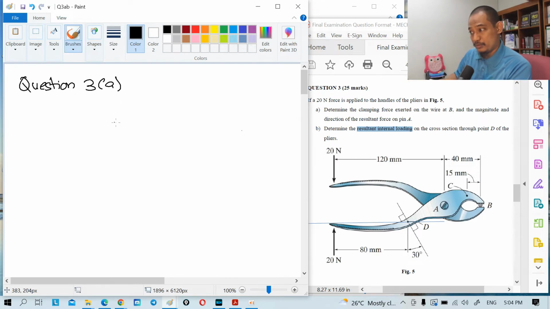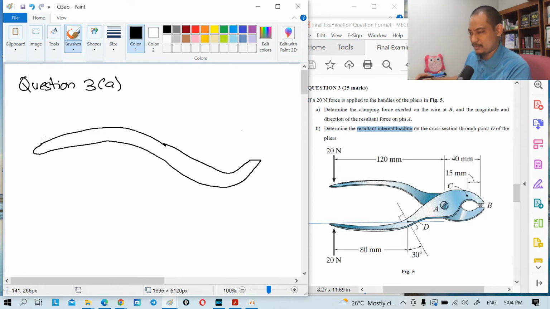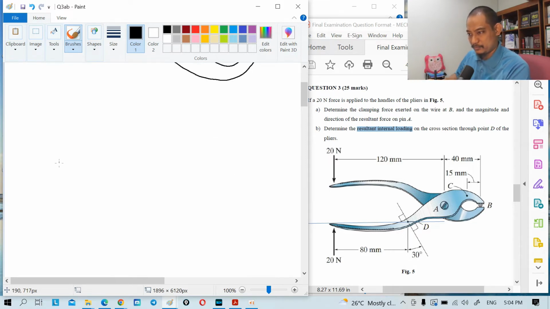If you want to solve this, you have to draw the free body diagram. So basically something like this, and the other one is the bottom one.